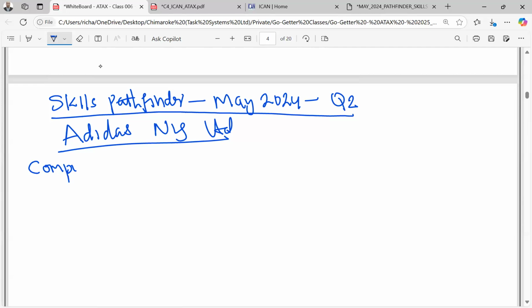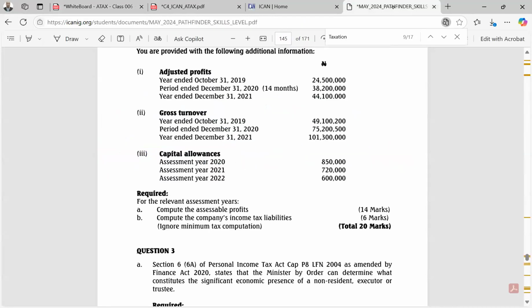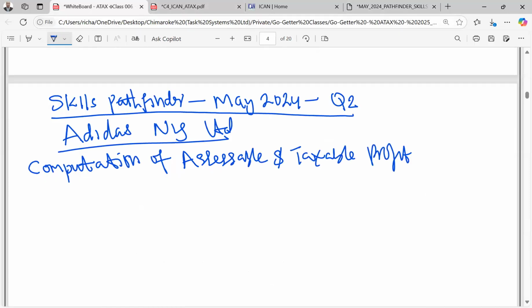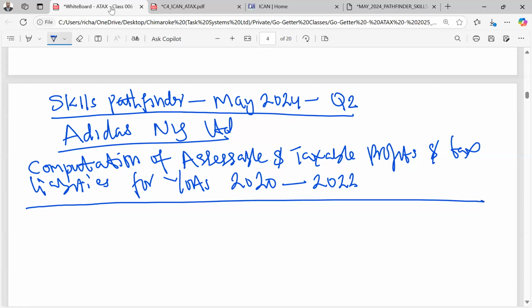Computation of assessable and taxable profits and tax liabilities for years of assessment 2020 to 2022. So that's what we will do.